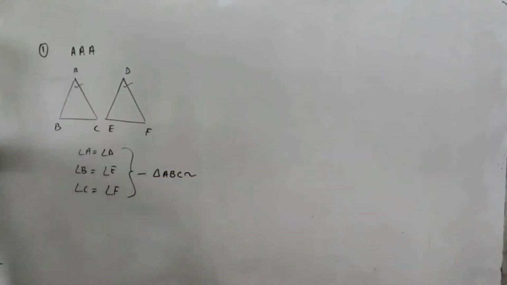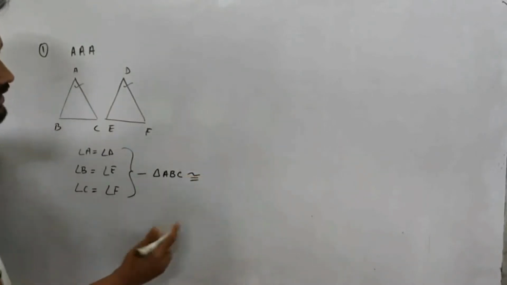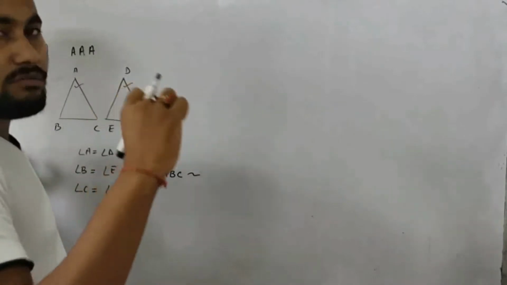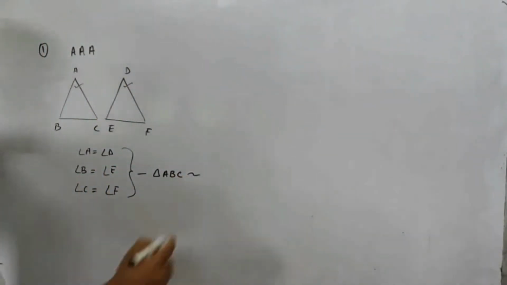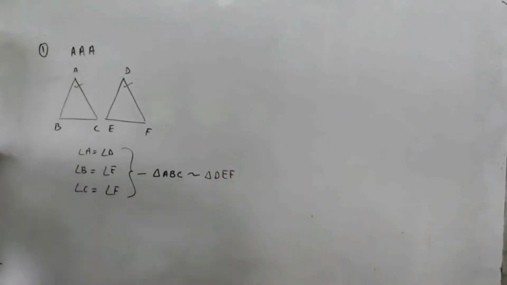This is the symbol of similarity. The symbol of congruence is different, so you don't write that here. Congruent means that the sides will be equal, so that part will not come.